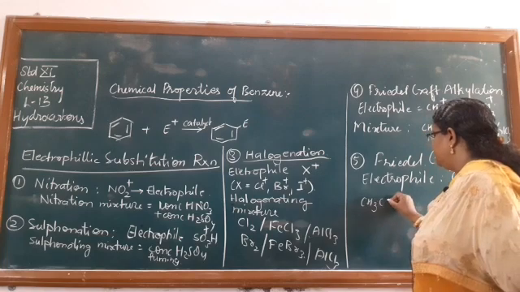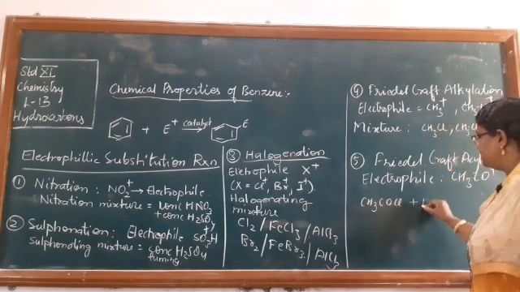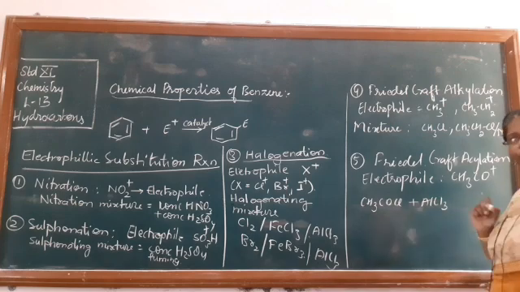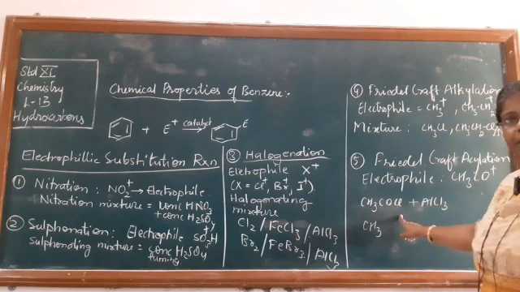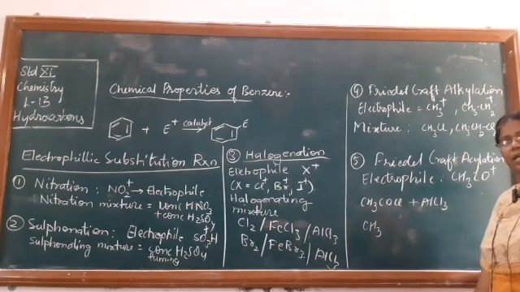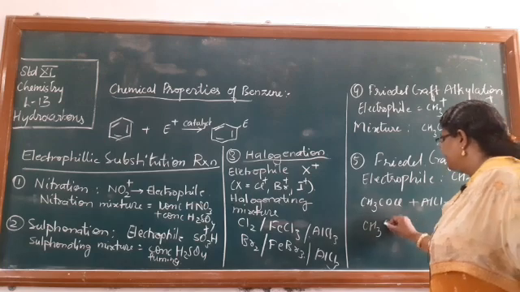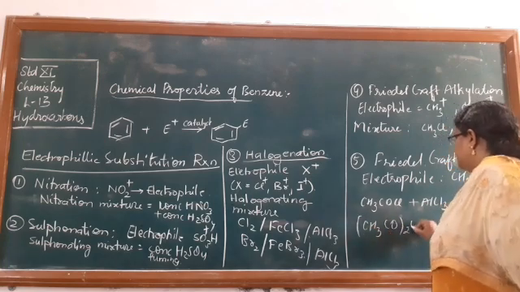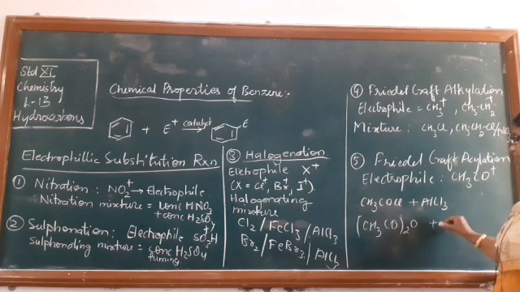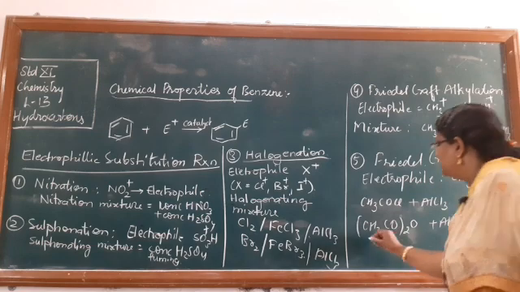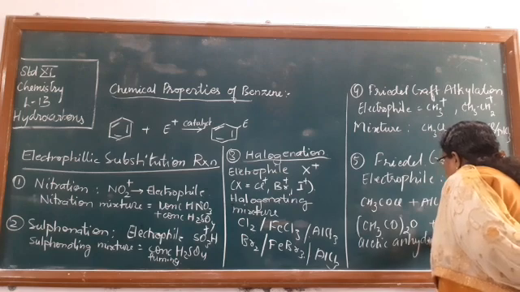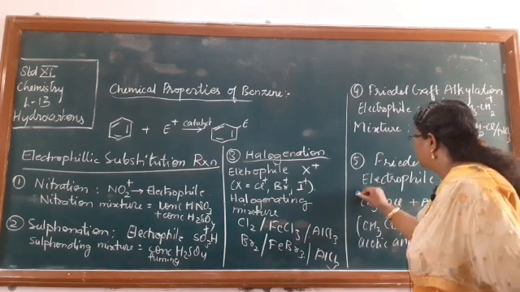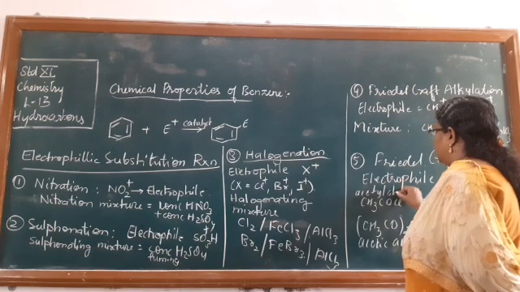Either by CH3COCl in presence of AlCl3, which is acetyl chloride, or ethanoyl chloride, or (CH3CO)2O, this is acetic anhydride, in presence of AlCl3. So this is acetic anhydride. This is acetyl chloride.